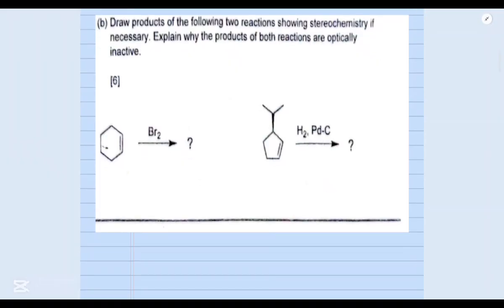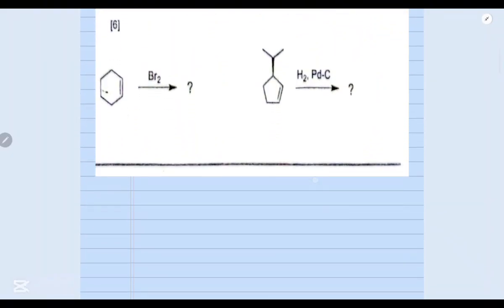So if you see the first question, as a general overview, we can have an alkene like this.